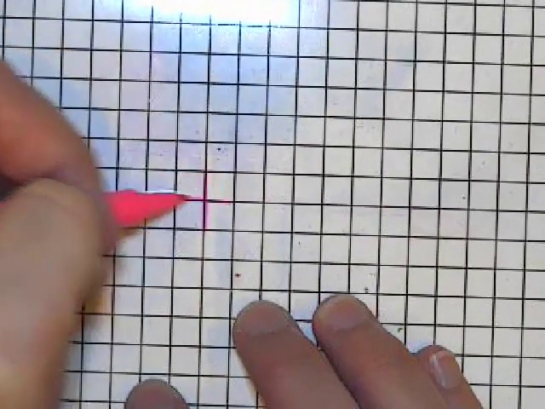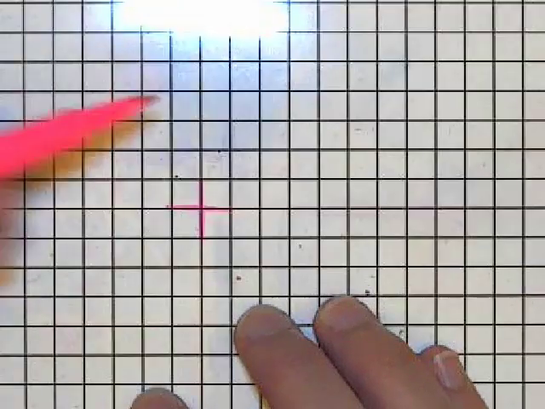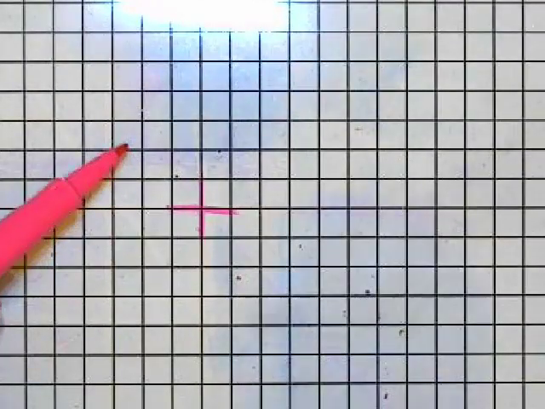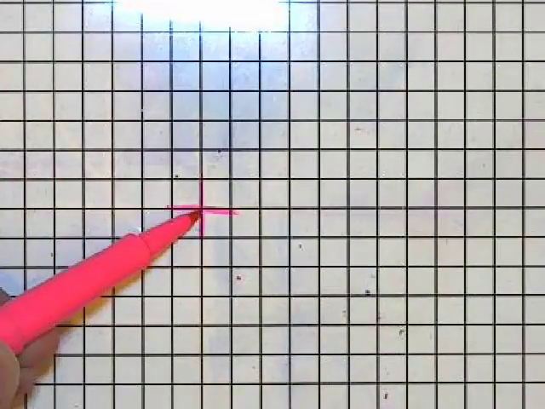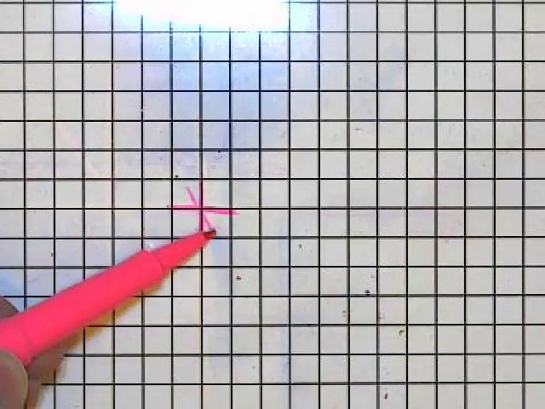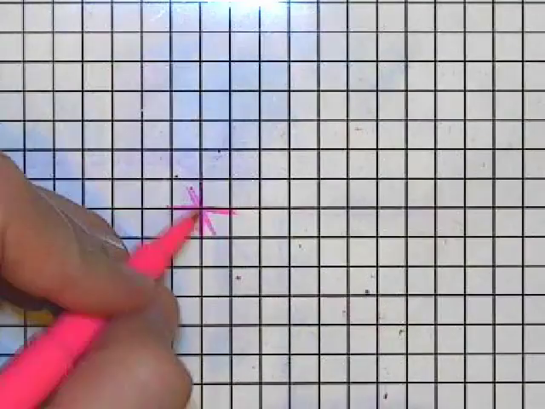Y'all see what I'm talking about? Can y'all see the pink? Barely. Okay. I'm going to be talking about the line's got to go through the corner. This is the corner. Perfectly through a corner. If it goes perfectly through the corner, then that's going to be a dot.